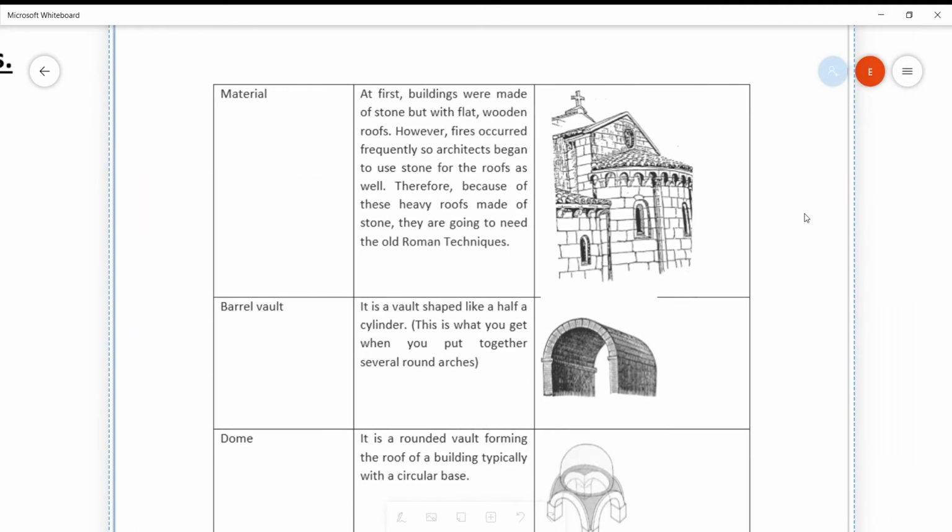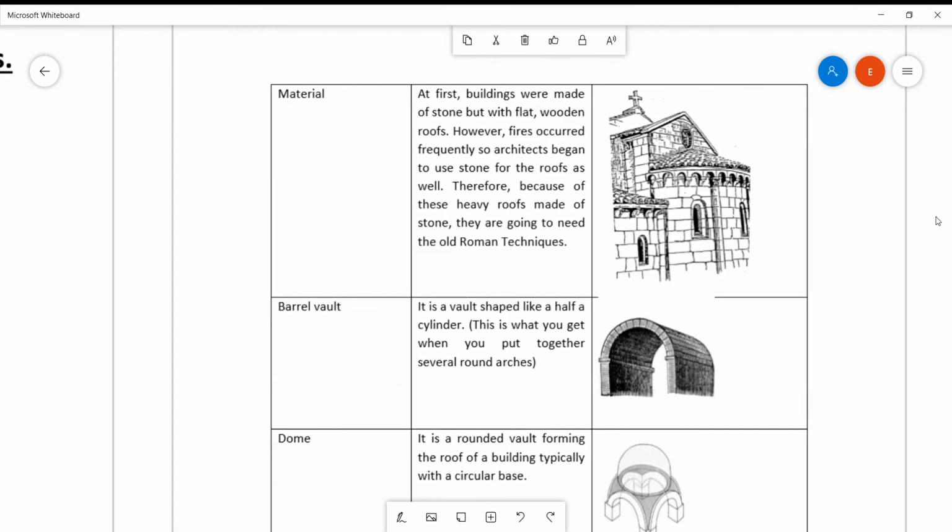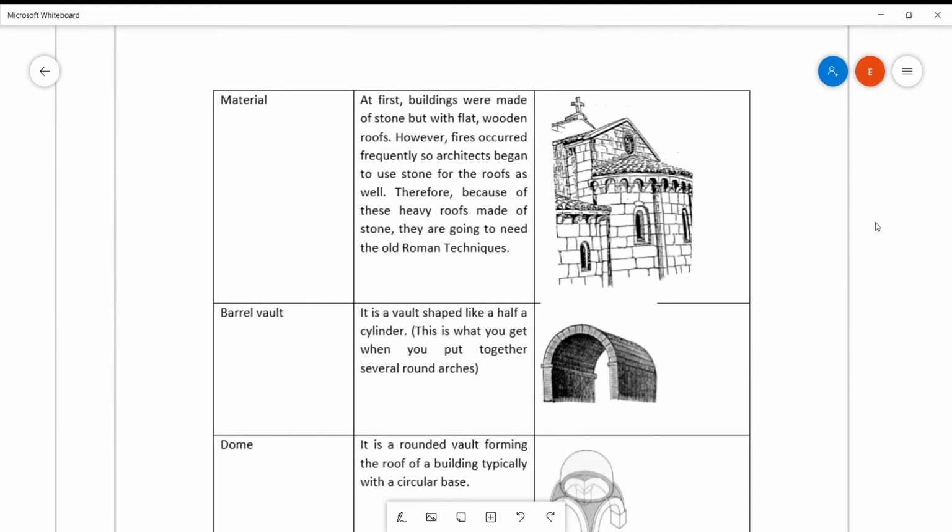The material was important because if you remember, at the beginning they had roofs made of wood, but they changed that because of the continuous fires that they had, and they are going to change the roof to stone. Okay, so the problem with that was that the roofs were suddenly very heavy.